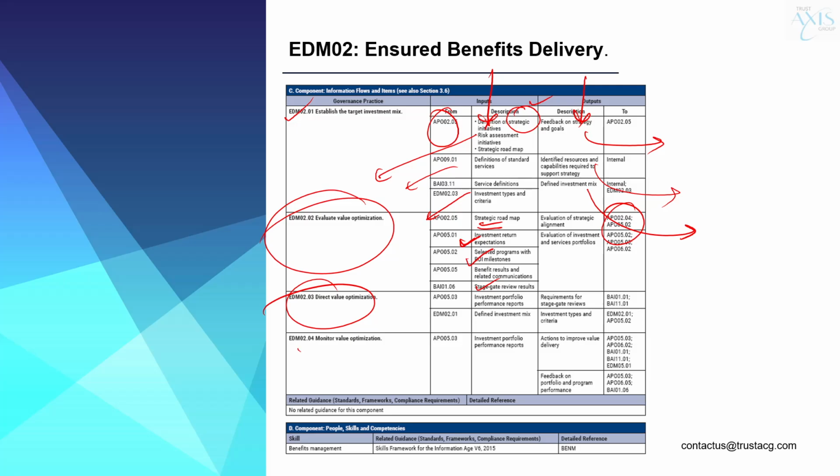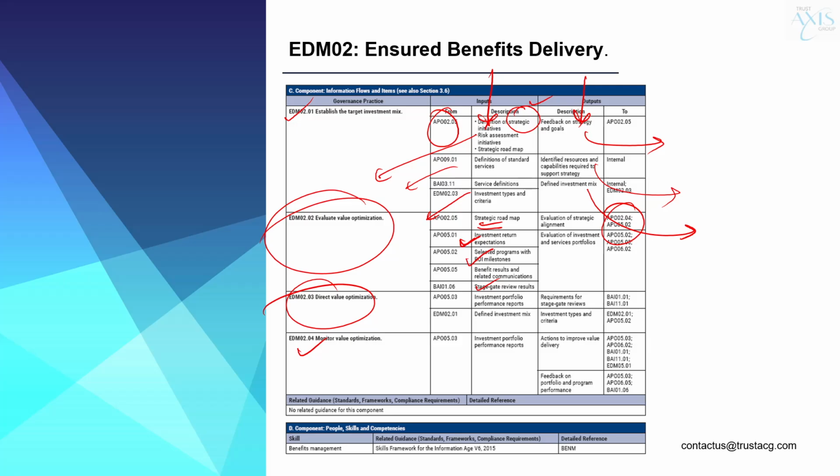Okay. So the other thing that it can also achieve is around monitoring of value optimization. So this practice is all about tracking and improving value delivery over time. So inputs again come with the investment portfolio performance reports that you must collect.